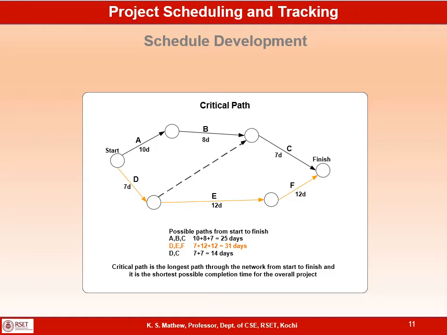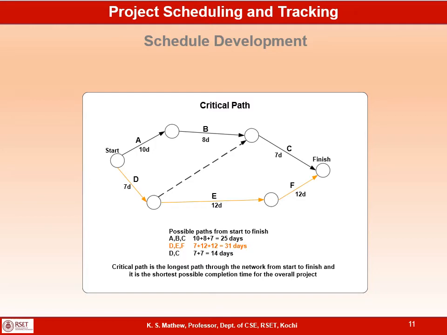So the minimum time for completing this project is the longest duration of these parallel paths. Activities on a path can be done only sequentially. So the longest duration of these 3 parallel paths is 31 days, which is DEF. DEF will get completed only after 31 days because they have to be done sequentially.